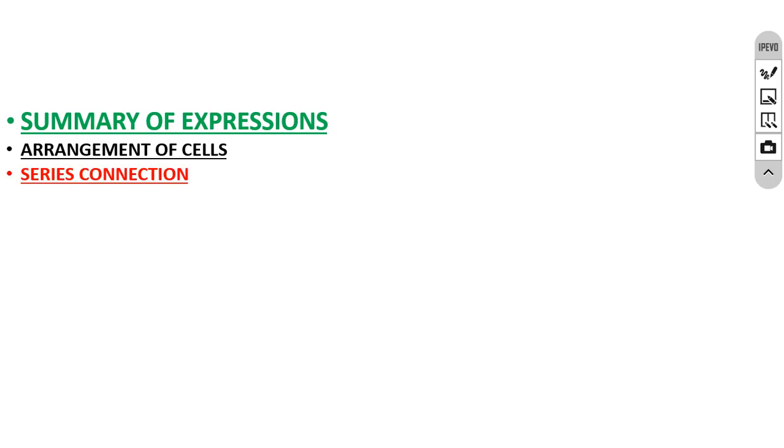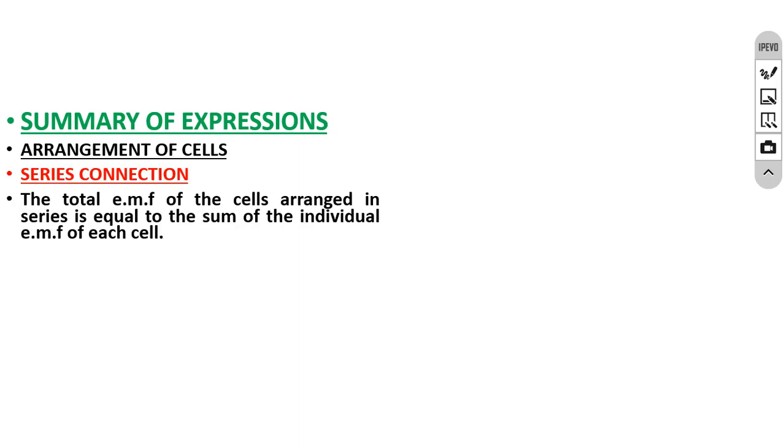We are going to look at a summary of some mathematical expressions and then we go into solving of problems. Let's start with arrangement of the cell in terms of the series connection. Assuming we have cells arranged in series, the total EMF of the cells arranged in series is equal to the sum of the individual EMF of each cell.